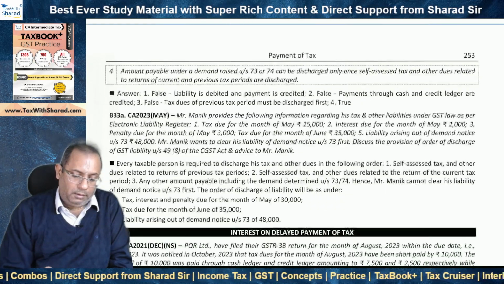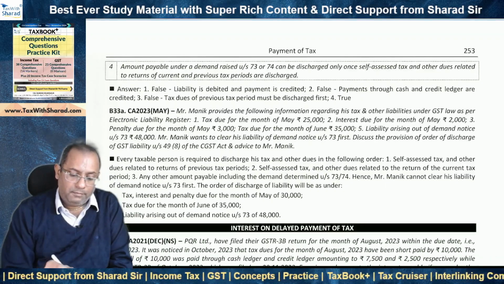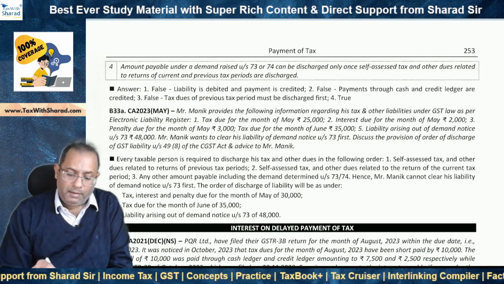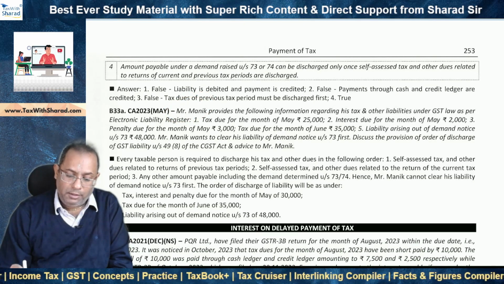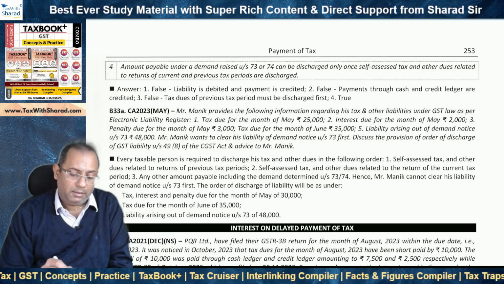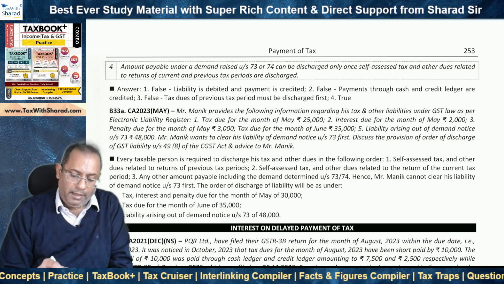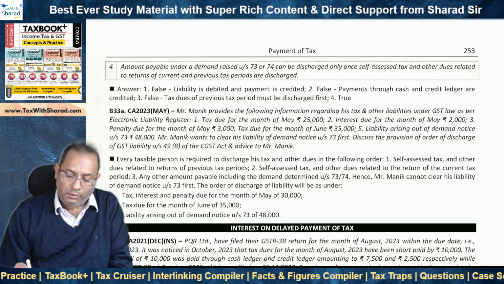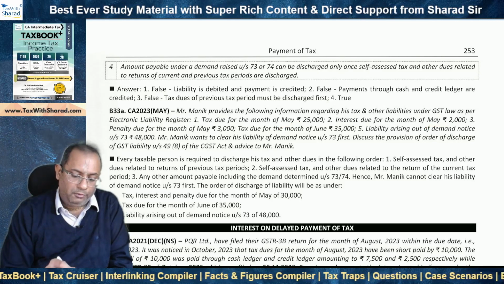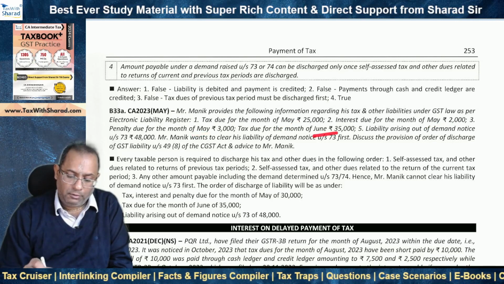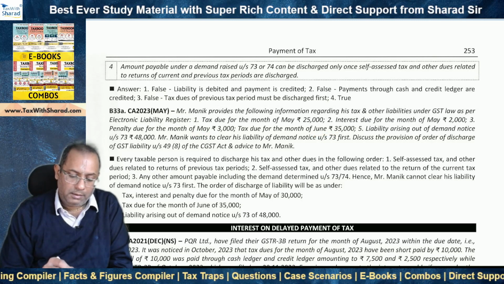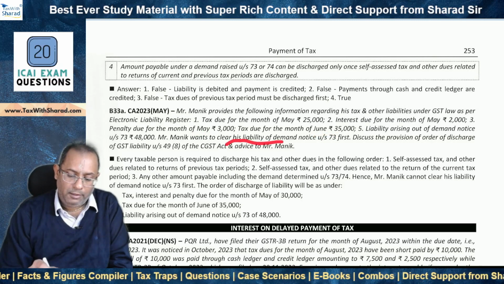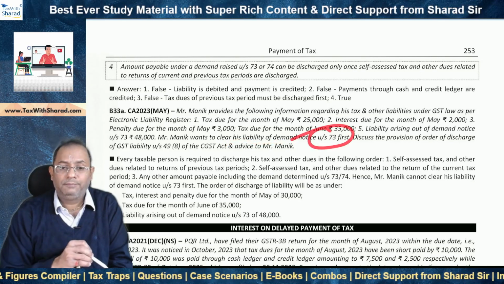Now let's look at the question. Mr. Manik provides the following information regarding his tax and other liabilities under GST law as per the electronic liability register. Tax due for the month of May, interest due for the month of May, penalty due for the month of May, tax due for the month of June, and liability arising out of a demand notice, and he wants to clear his liability of the demand notice first.